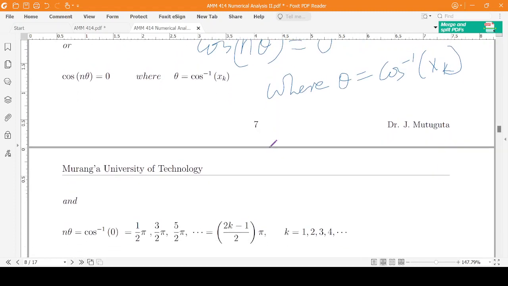And now we can write n theta equals cos inverse of 0.